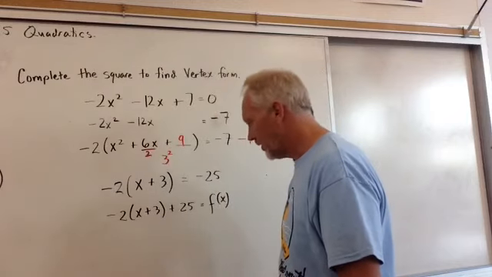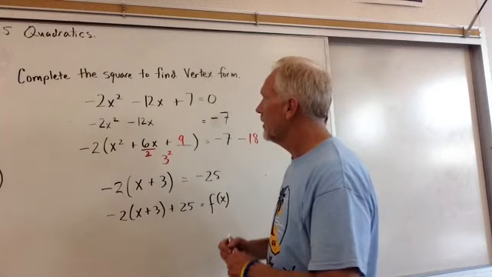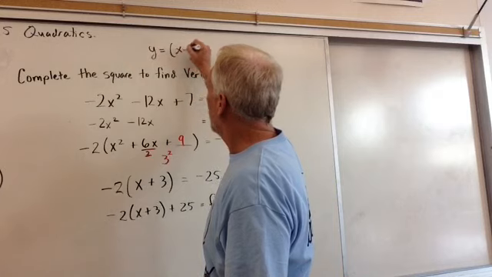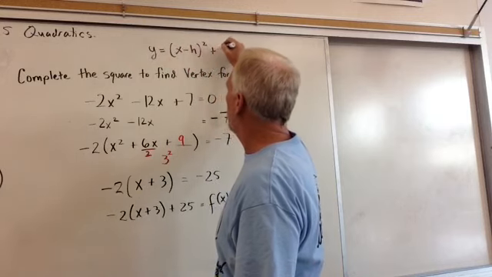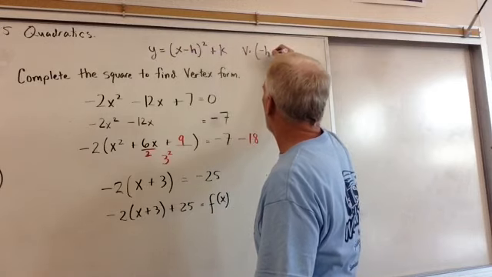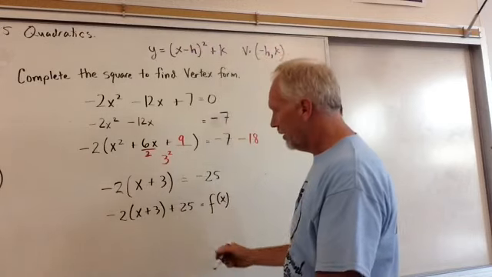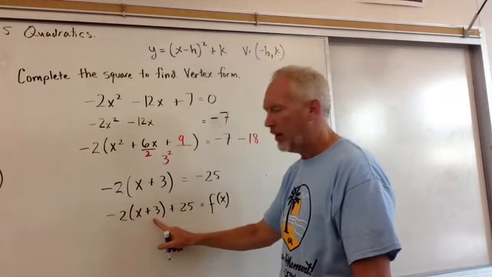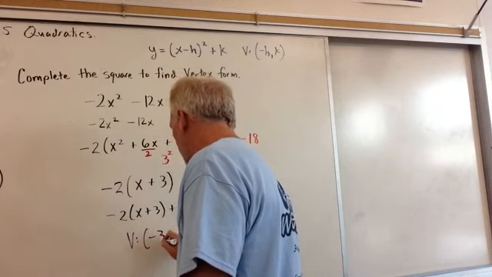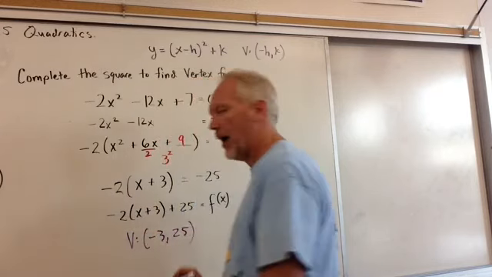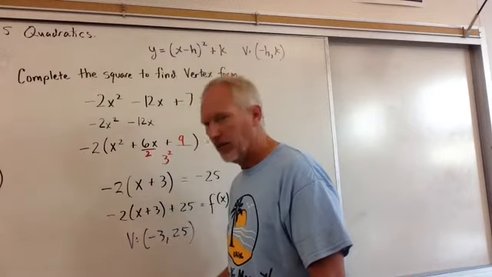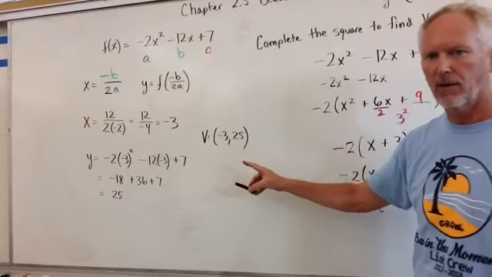And look, we did it, right? If the vertex form is y equals a times the quantity x minus h squared plus k, and the vertex is at h, k, then if we take the opposite of the 3 and our 25, our vertex will be at negative 3, 25, and that's exactly what we got when we found this version right there.